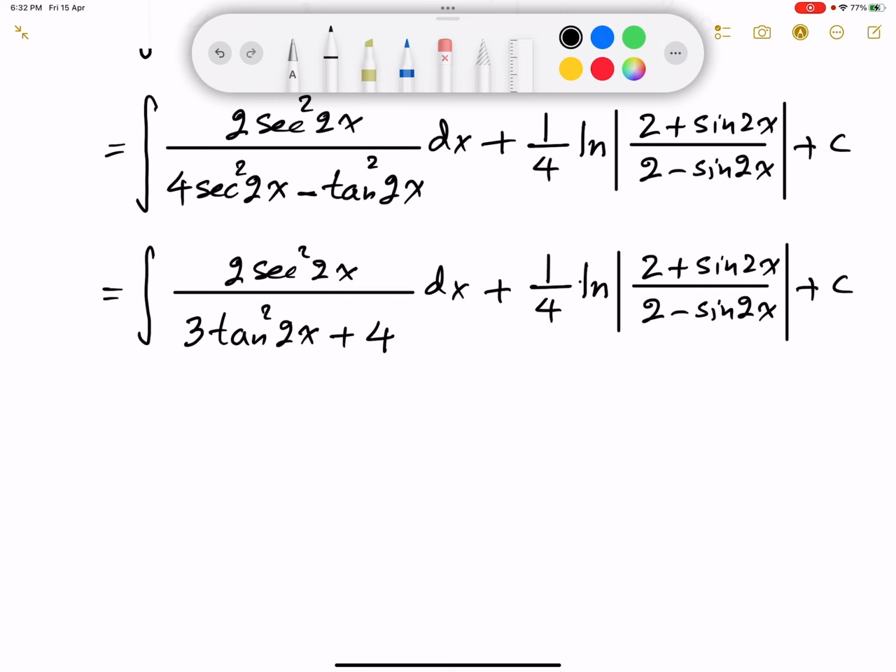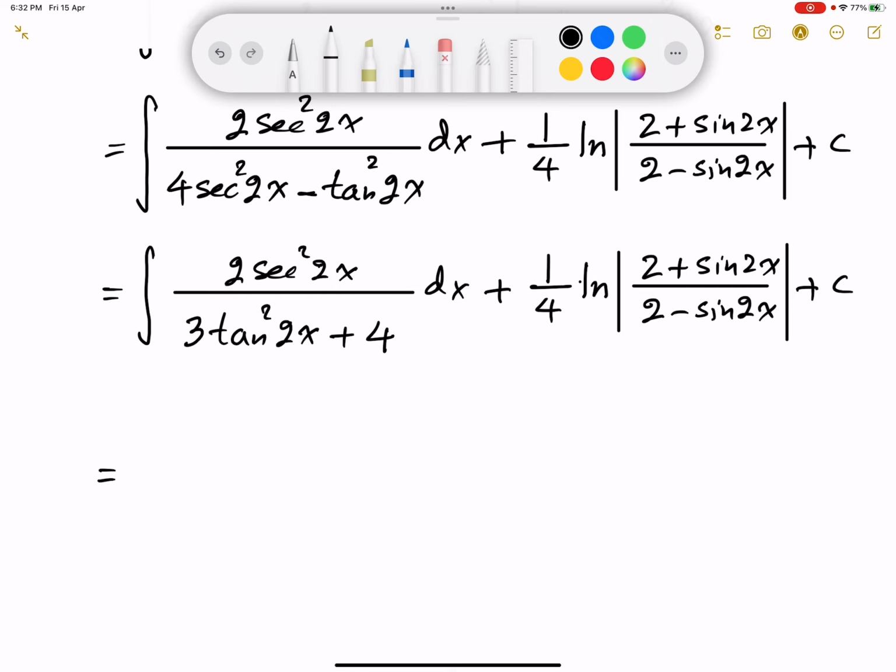We can go ahead and divide the numerator and the denominator by 4, but let's keep it like that. Now we can notice that the squared quantity in the denominator is the square root of 3 tangent 2x all squared plus 2 squared.